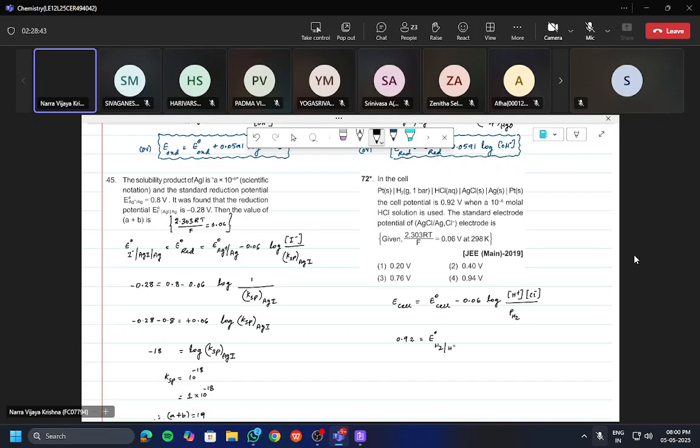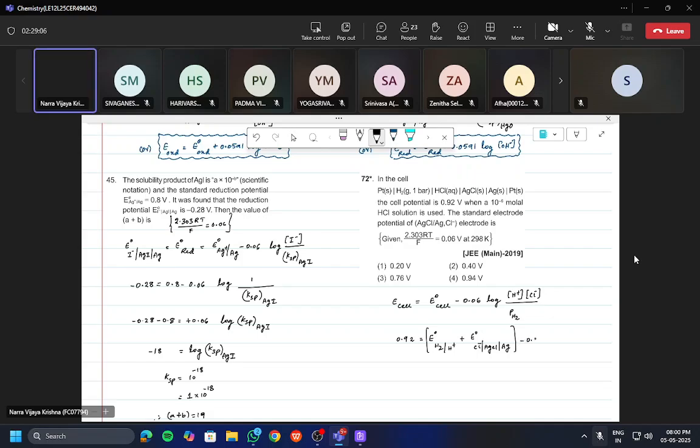This is E naught oxidation. Plus what is E naught reduction? Correct? Can I write it like this or not?